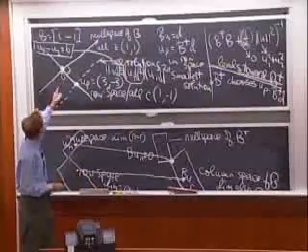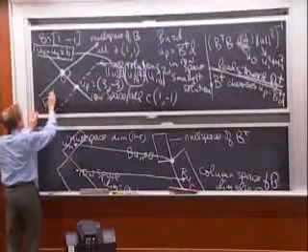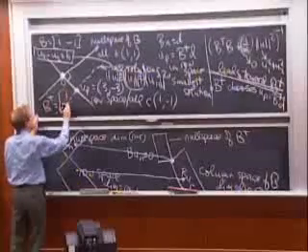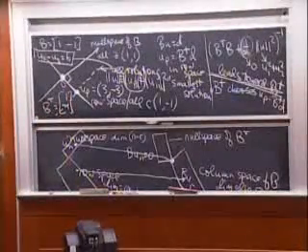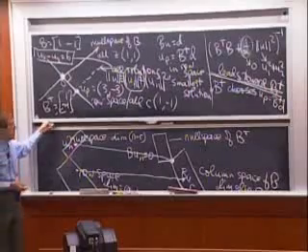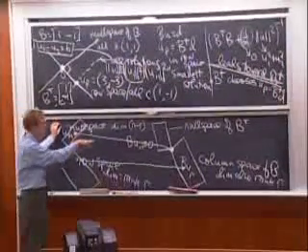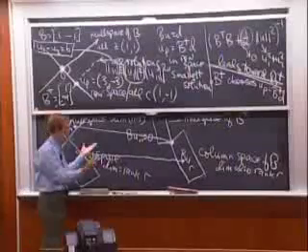In that example, B transpose was 1 minus 1, and its column was independent, so there was no null space. So I had a simple picture, and that's why I wanted to draw you a bigger picture.